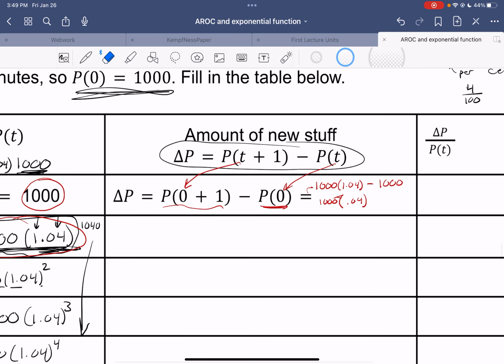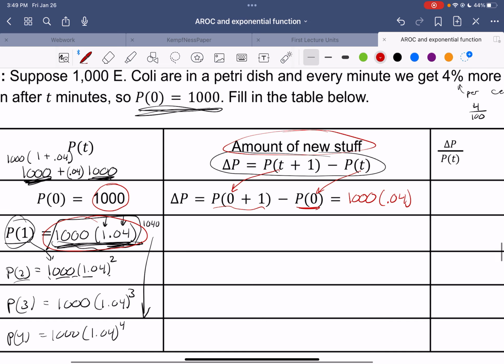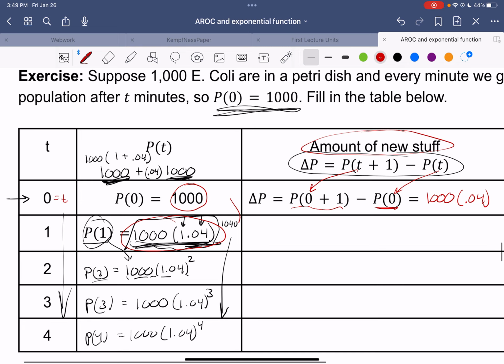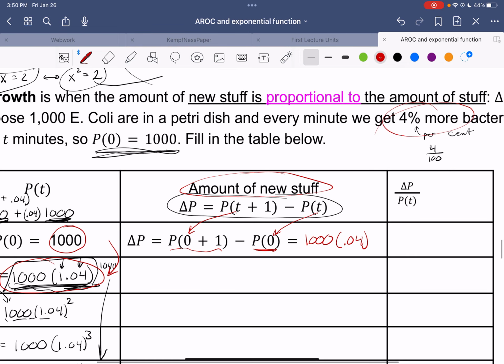So wait a second. Let's make sense of this in words. Okay, so amount of new stuff. How much new bacteria do you get going from minute 0 to minute 1? You get 4% more. What does that mean? You get 4% of what you started with. So, okay, fine.